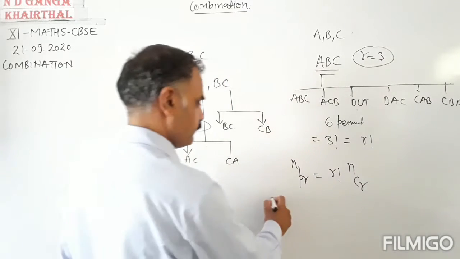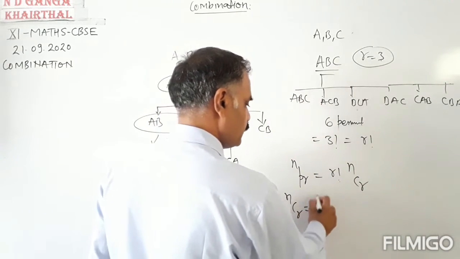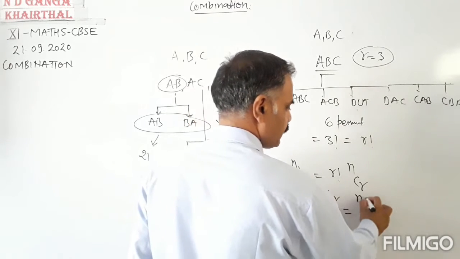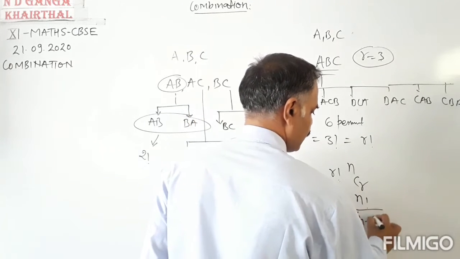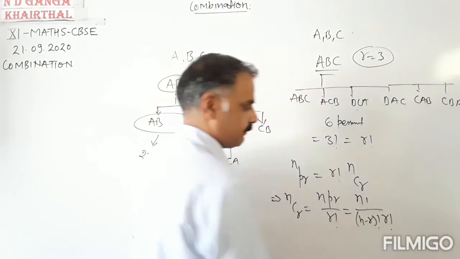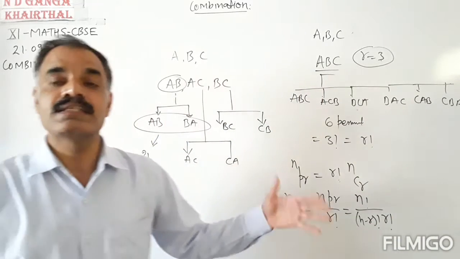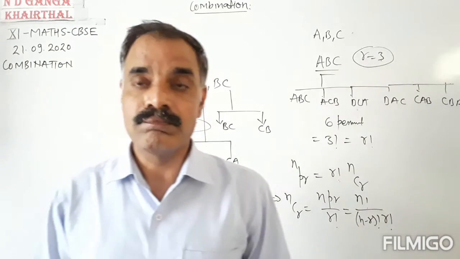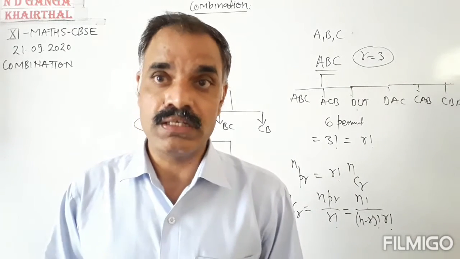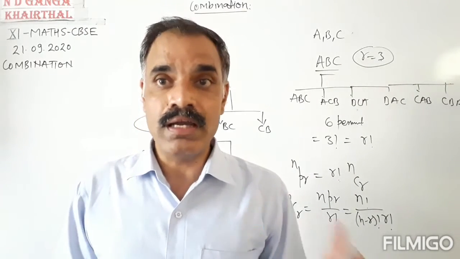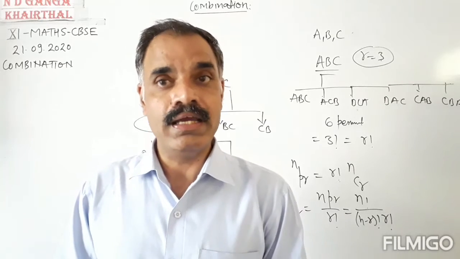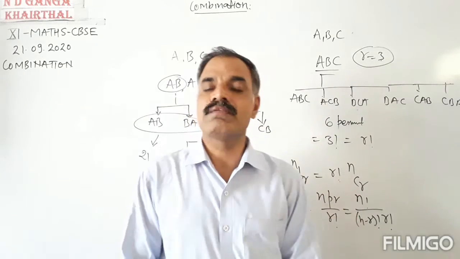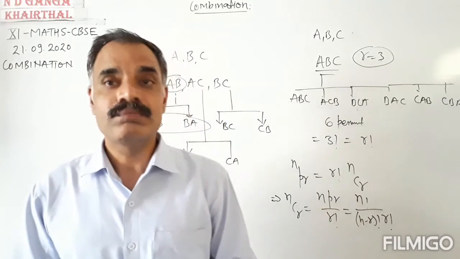So nCr is equal to nPr divided by factorial r, and nPr equals factorial n upon factorial n minus r. So this is nCr, the number of combinations or selections out of the given n different objects taken r at a time. nCr is equal to factorial n upon factorial n minus r into factorial r.